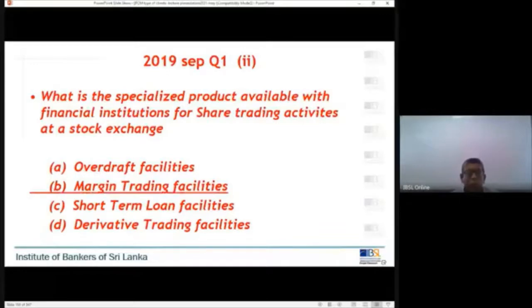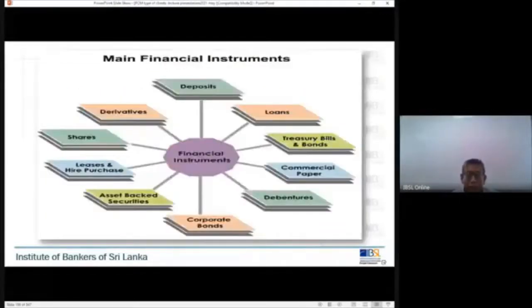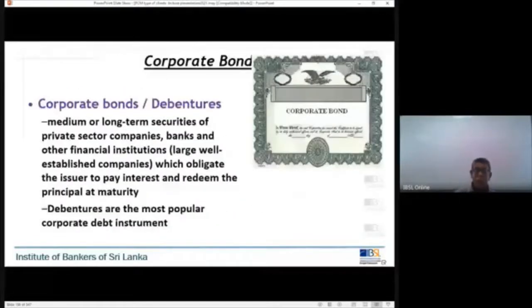Let me move on to another financial instrument. That is what you call a corporate bond, or sometimes a debenture. Debentures are medium to long-term securities.